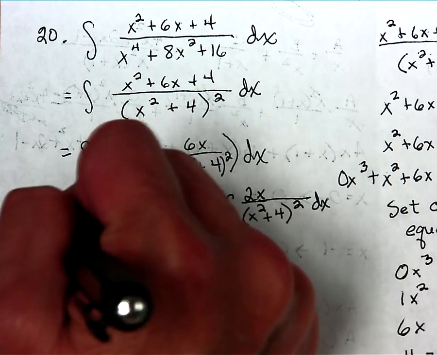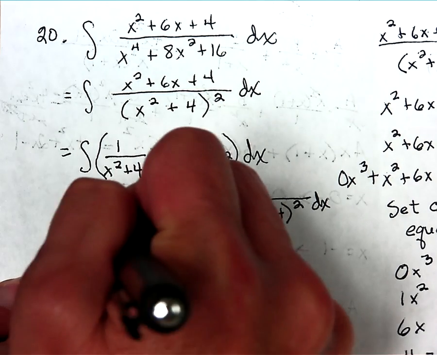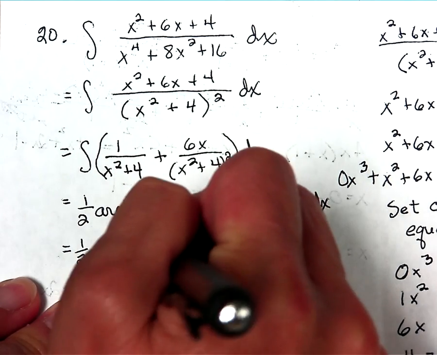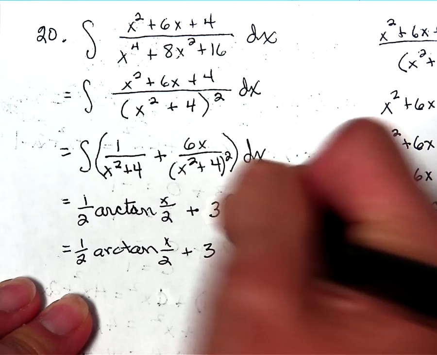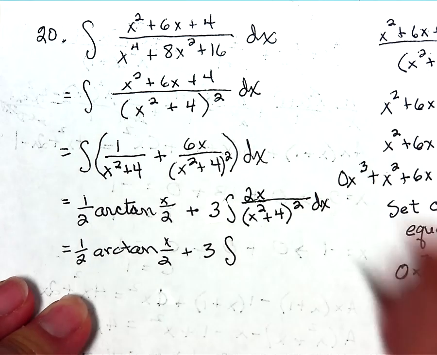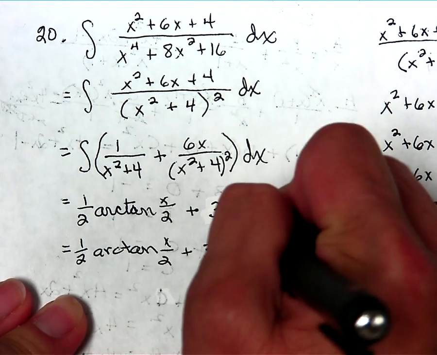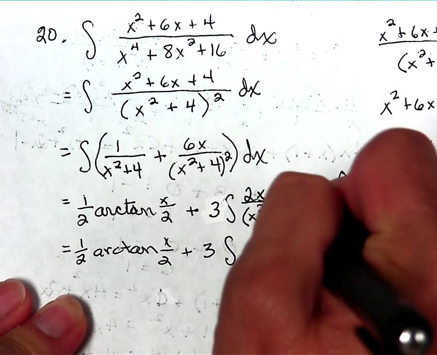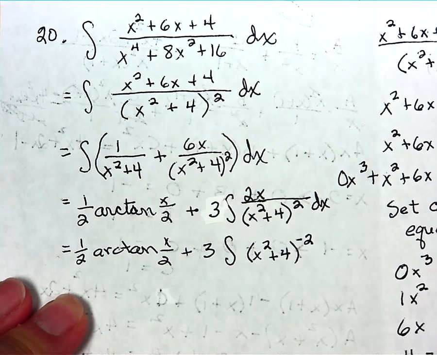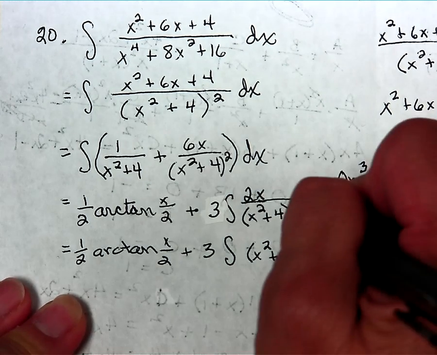And then I could write that integrand as u to the negative 2 with du right beside it.